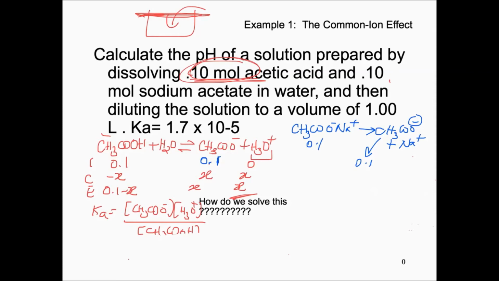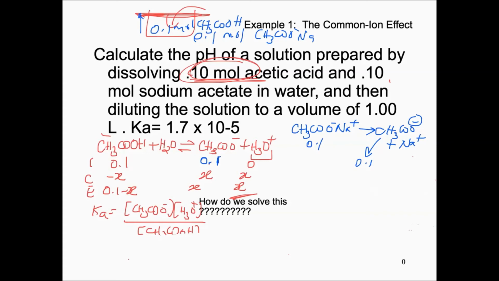That means how have we generated the solution? We have added 0.1 moles of acetic acid, CH3COOH. We took 0.1 moles of sodium acetate and we are filling it up to 1 liter of water. That's what we have done.